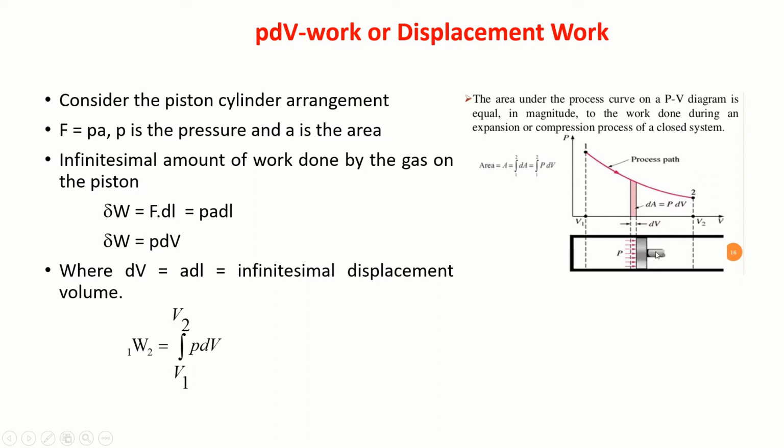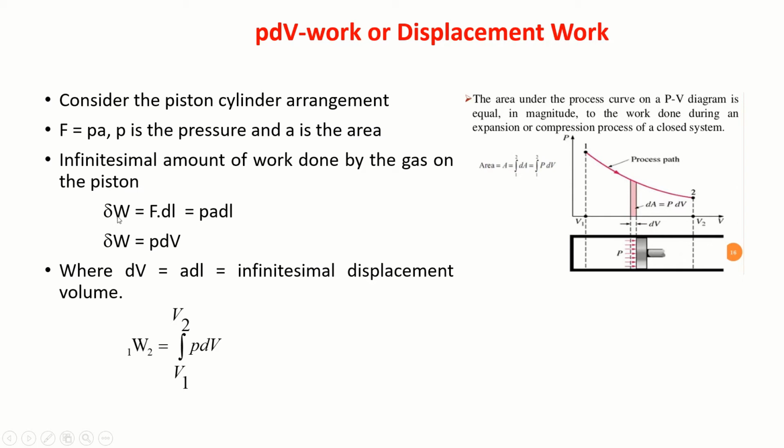Correct. So the moment initially the piston was here, this edge was here. The moment I take out that infinitesimally small slice, it will move from here to here. That distance, let us say dl. And the piston cross sectional area is circular, pi by 4 d square. That cross sectional area into this length, you can call it an infinitesimally small volume, say dV.